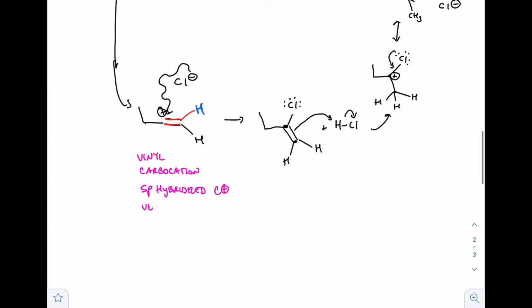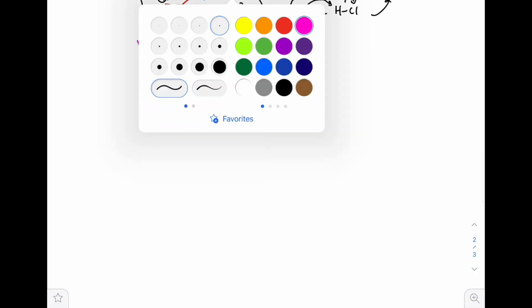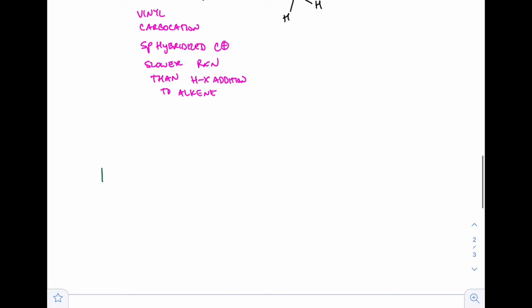And so this is actually a slower reaction than the HX addition to an alkene. So generally, we might see the alkynes being more reactive. They have more pi electrons and they're polarizable, but the formation of this vinylic cation is not ideal.